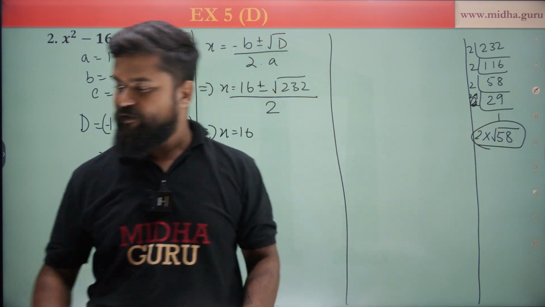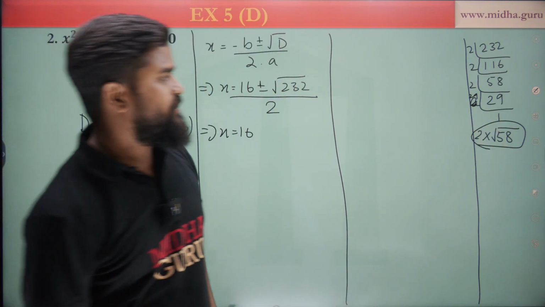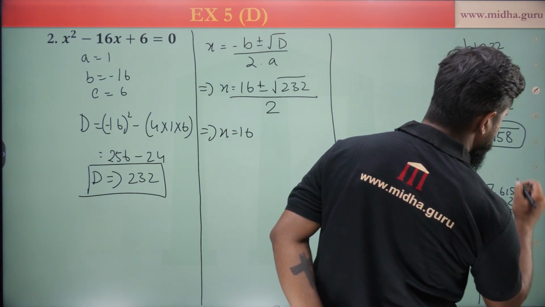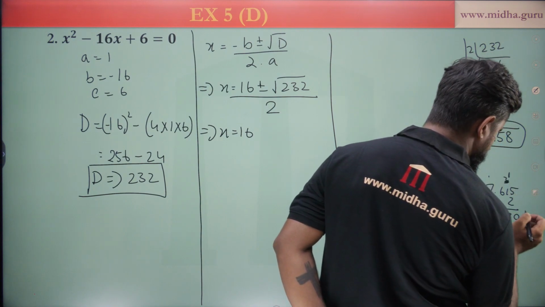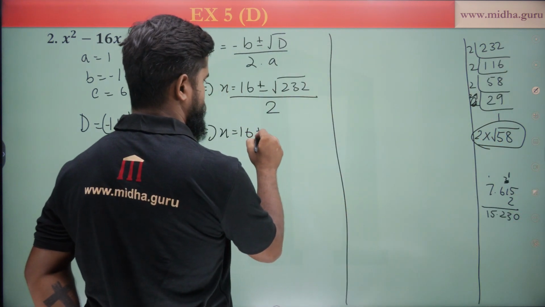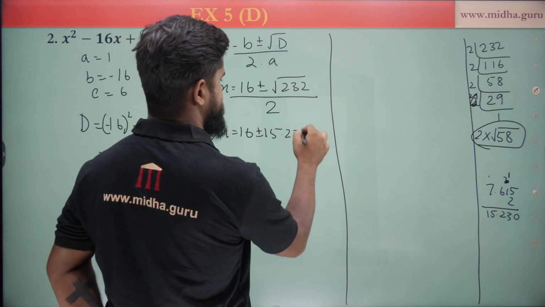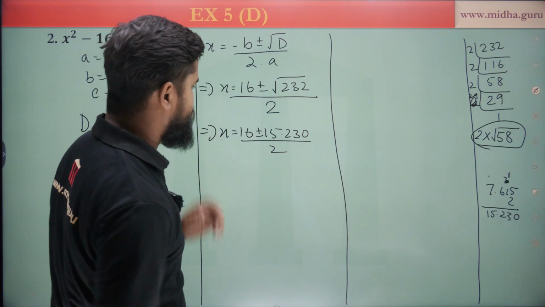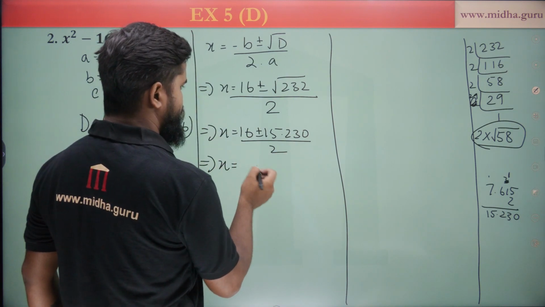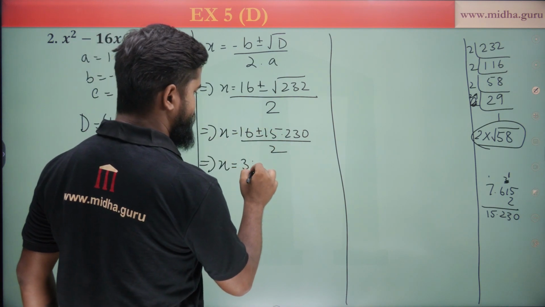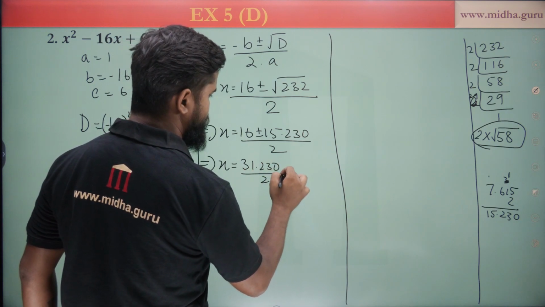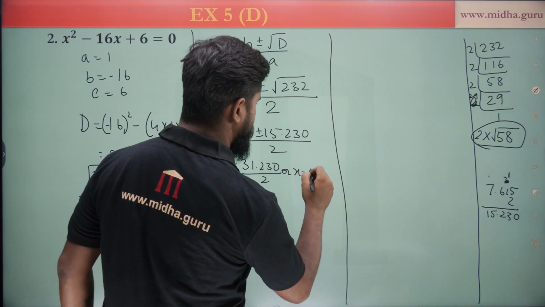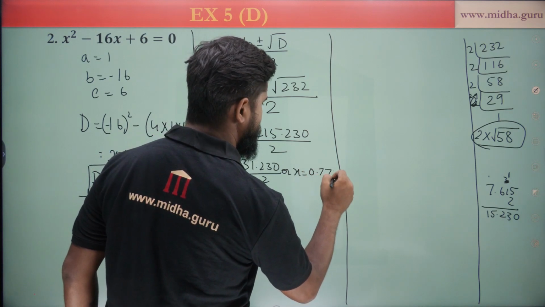So if it is root 58, we go back to our square root tables. Root 58 is given as 7.615. Now I multiply 2 to that, and I get 15.230. So it is 16 plus or minus 15.230 by 2. So x is equal to, when I do 16 plus 15.230, I get 31.230 by 2, or if I minus, I get 0.770 by 2.